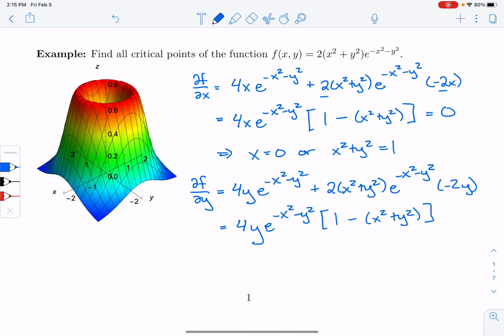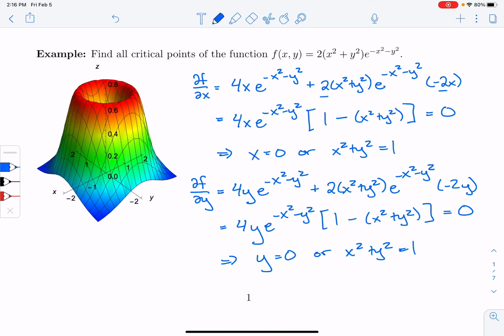So when is this going to be 0? That gives us two possibilities. Either y is 0, or x squared plus y squared is equal to 1. Now I need to find places where both partial derivatives are 0.